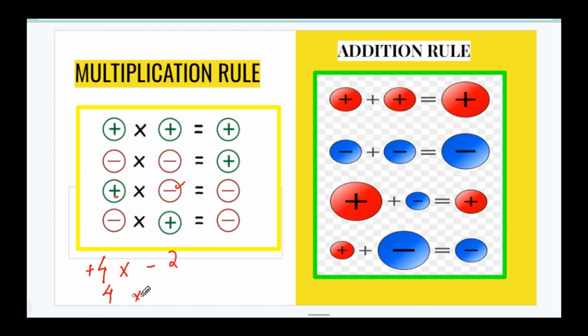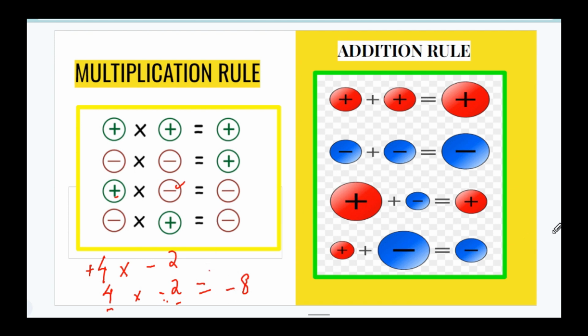So 4 times minus 2 actually means plus 4 times minus 2. Look, the signs are different here. First of all, just multiply your numbers. 4 times 2 is 8. Now look at the signs. This is plus, this is negative. The short way of doing this is, you can see that in one number you have negative, so just put negative over here.